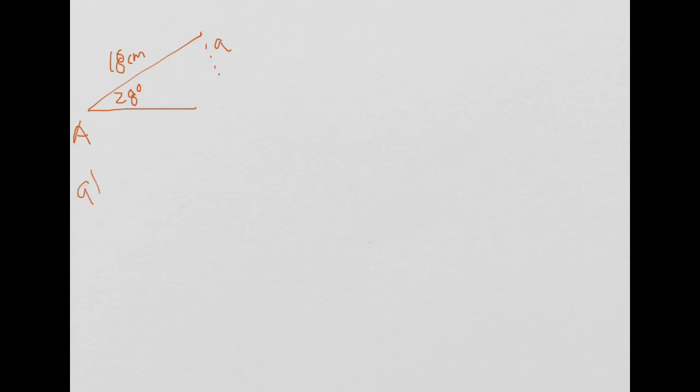So part A is saying that we want to give a side length for A that makes it so this triangle doesn't even exist. So think about it like this. Let's start with this.